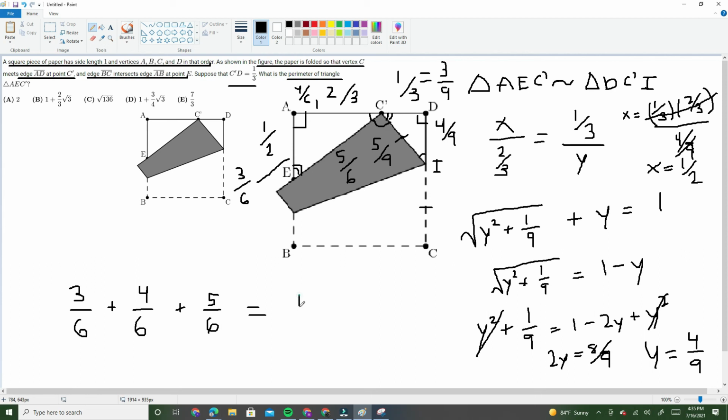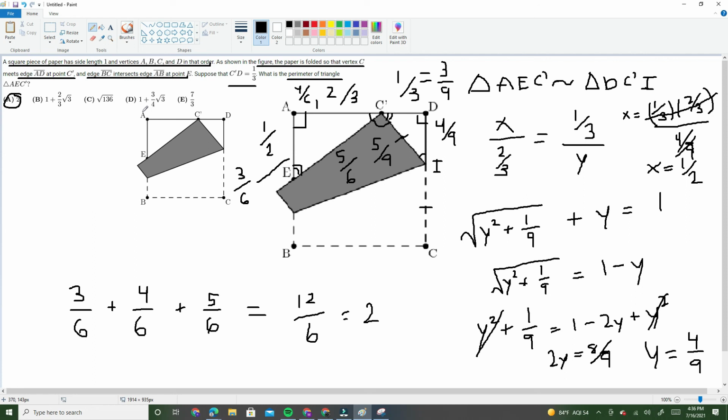In this case, it would give us 12/6 or 2. So just like that, we have our answer choice A, to be the perimeter of triangle AEC prime.